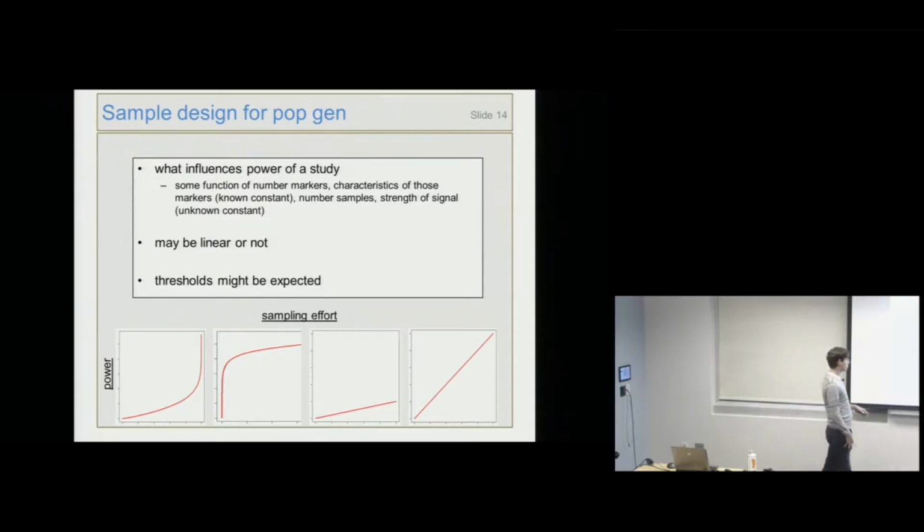We might also further expect that as we increase the sampling effort, which I'm lumping several things together there, number of populations, number of individuals, we might expect an increase in the power of the study, but that relationship might take several forms.